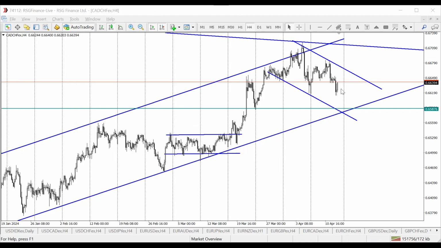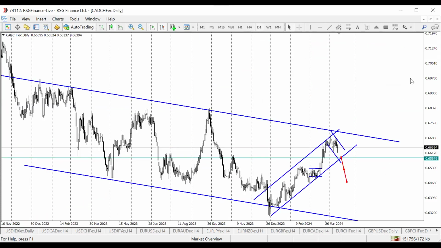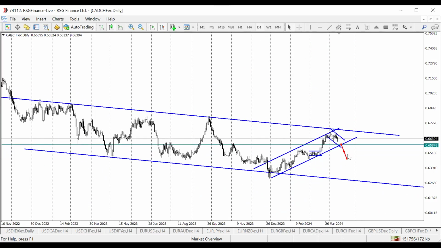So if we continue to see a sell-off and price goes beyond this technical target for this week, let's see how many pips that may fetch us. About 50 pips, you see, not so bad. So if we get this 50 pips and price breaks away from this channel, this is giving us another opportunity to really milk these markets, because that suggests we are back in the direction of the major trend.